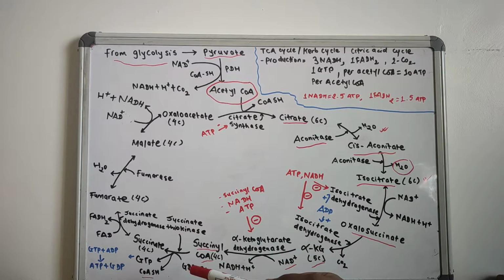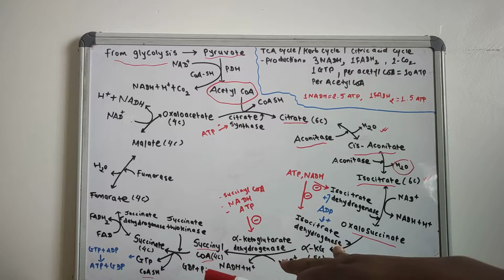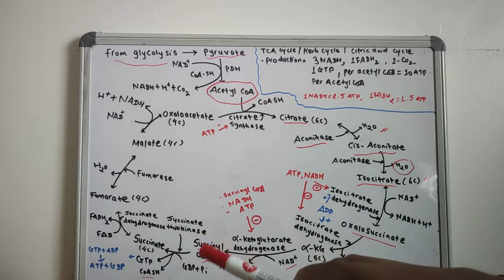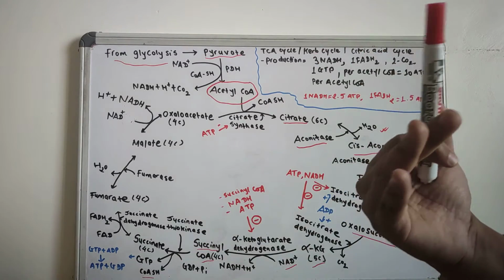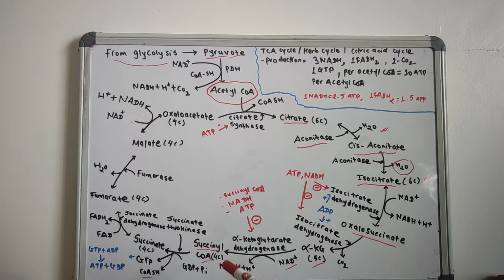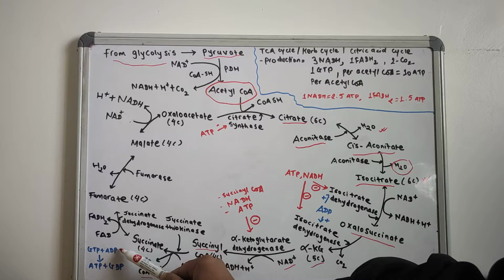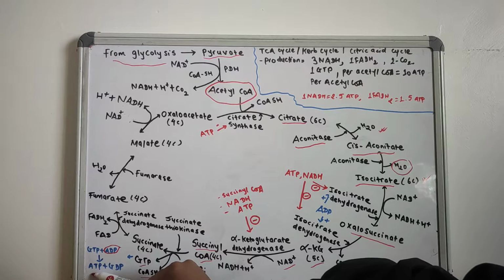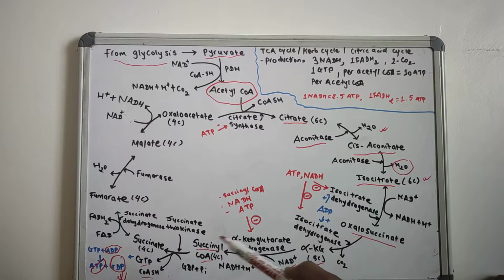I have already told you in many videos that when a compound forms ATP without the involvement of the electron transport chain, with automatic generation of ATP from the substrate, it is substrate level phosphorylation. This GTP acts with ADP, forming ATP and GDP. So from this GTP, the ATP is produced like this.